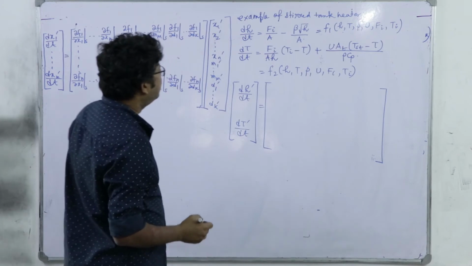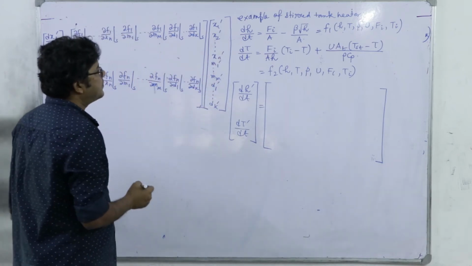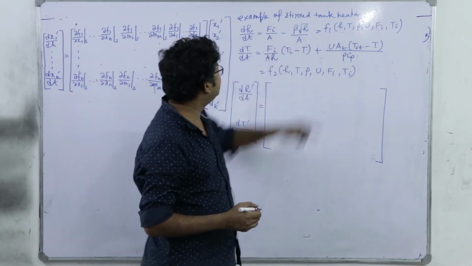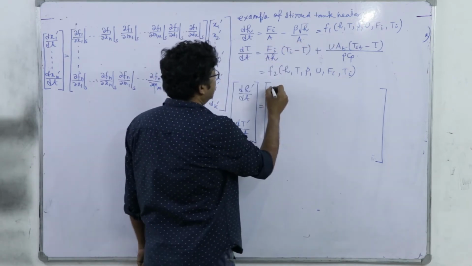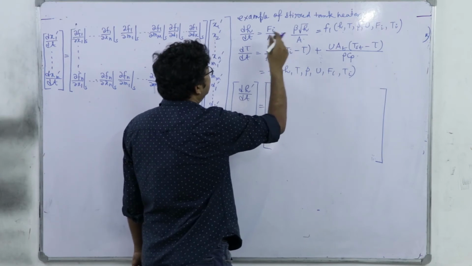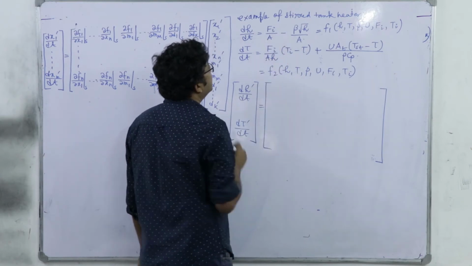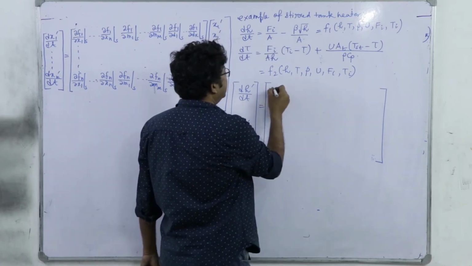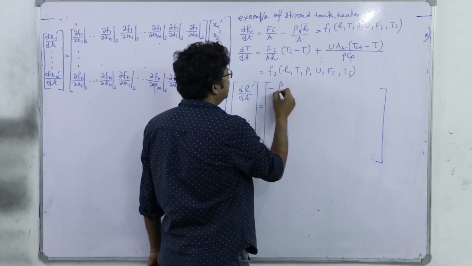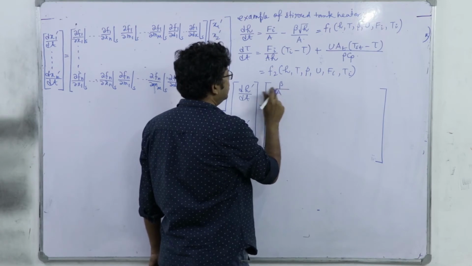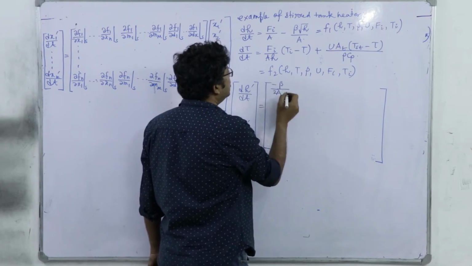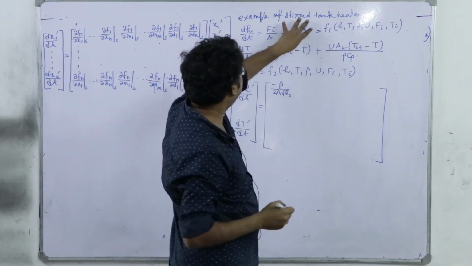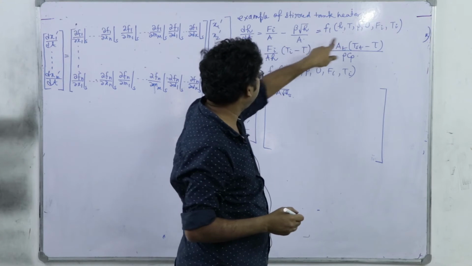So, derivative of f1 with respect to H: this derivative Fi is 0, and the derivative is minus beta by A into 2 into under root Hs. That's the derivative of the entire function with respect to H.